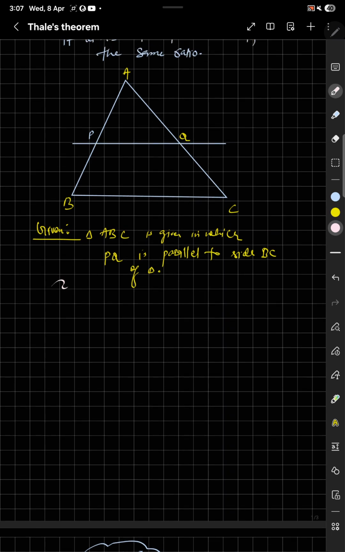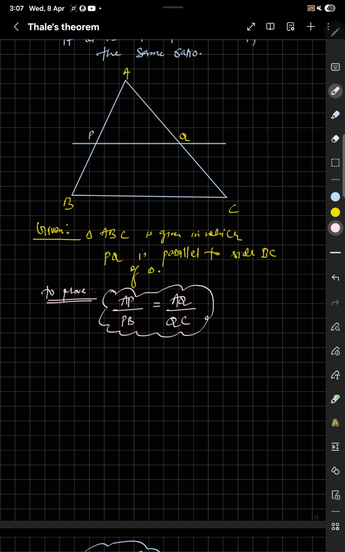What you have to do first is to do construction. Before that, write to prove: what you have to prove is AP upon PB is equal to AQ upon QC. This is what you have to prove. Before proving this, let's do some construction.